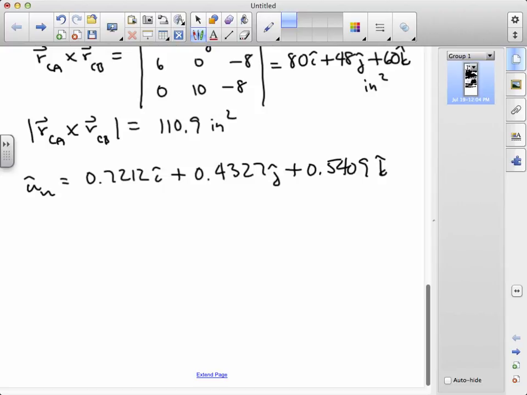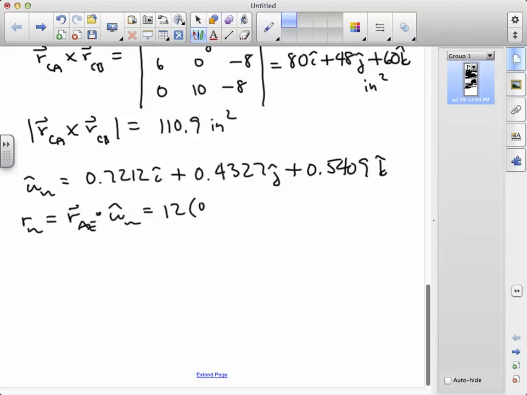Now you should verify that we get the same value for the normal distance whether we use RAE dot UN or RBE dot UN or RCE dot UN.